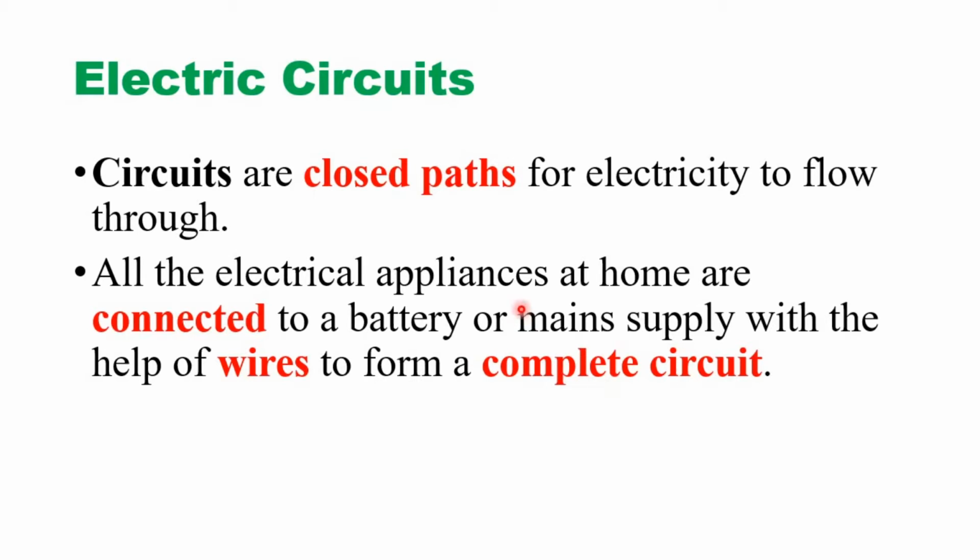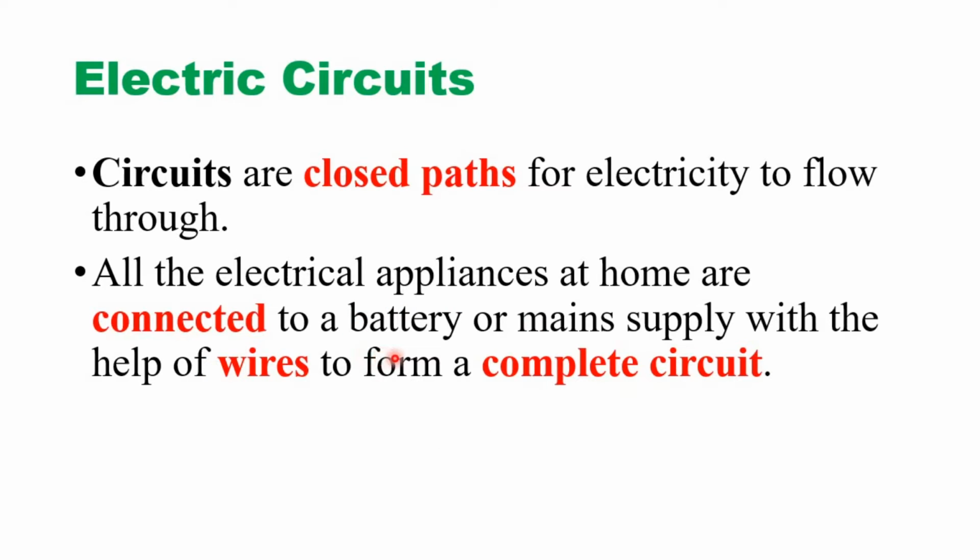We have so many appliances at our homes, like refrigerator, television, rice cooker, curry cooker, bulb, fan and so on. All those appliances are connected with the help of wire, which forms a complete circuit, and it helps us to use our appliances.